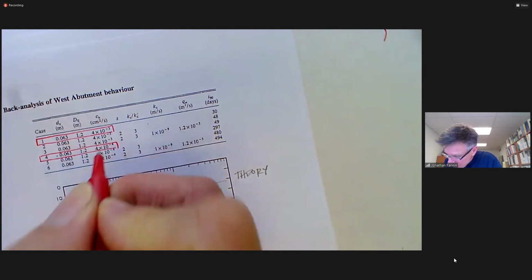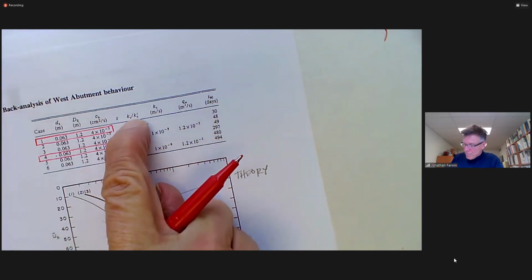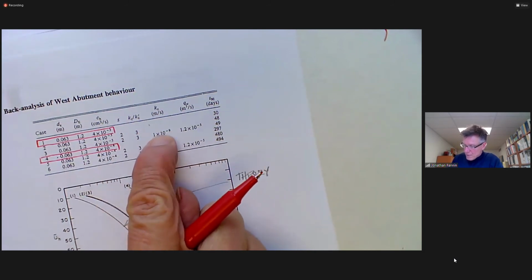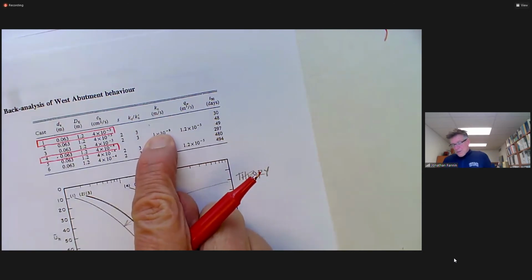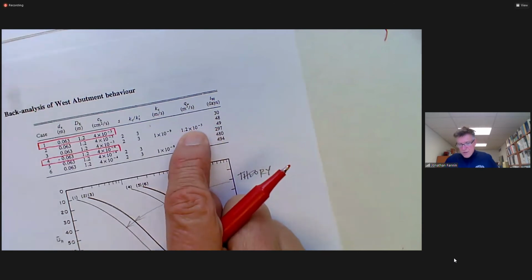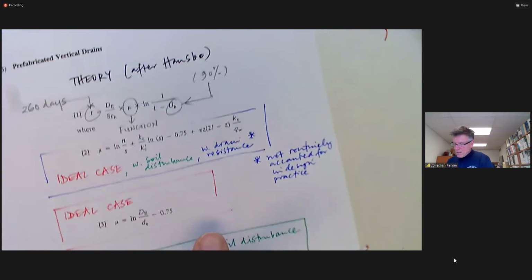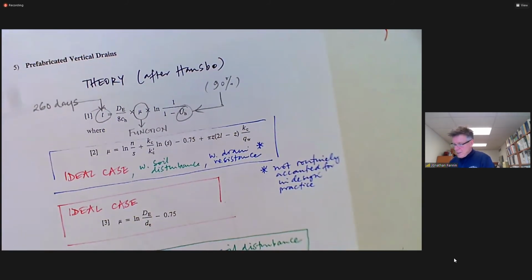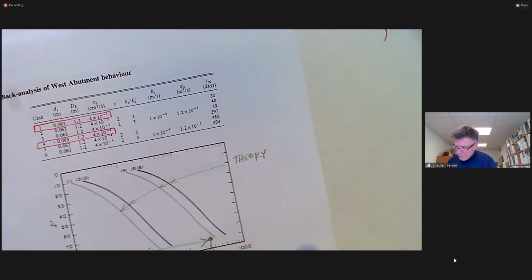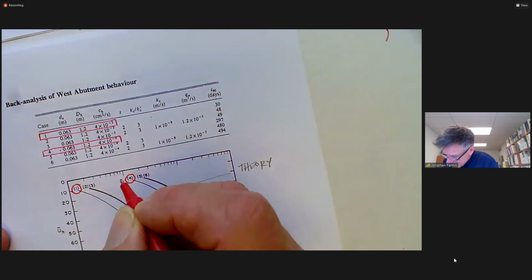Because they don't have any inputs for the smear, the ratio of permeability in the undisturbed to the disturbed zone, and assumed hydraulic conductivity for the undisturbed soil, and the capacity of the drain, the parameters that are captured here and are described earlier in the derivations of the equation and Barron's work. So number 1 is the ideal case, and number 4 is the ideal case.